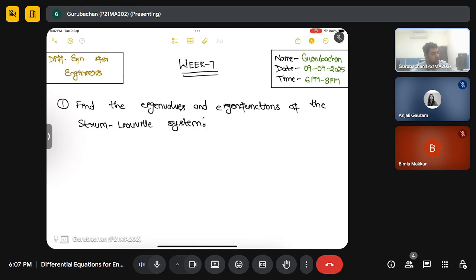And what is the Sturm-Liouville system here given? y double dash plus lambda y equal to 0, y(0) is 0 and y dash at 1 is 0. So this is your given regular Sturm-Liouville.